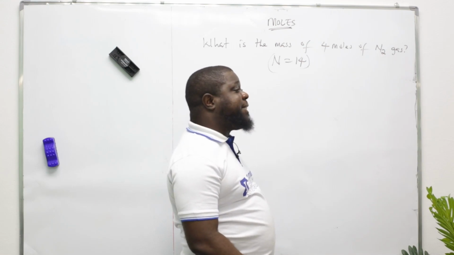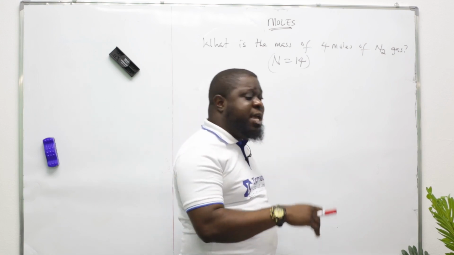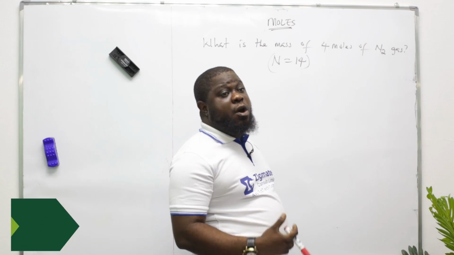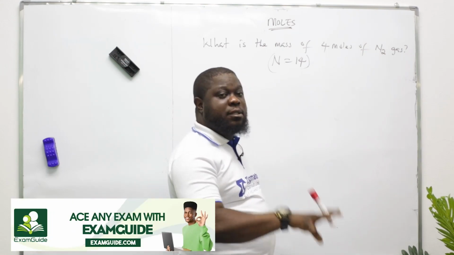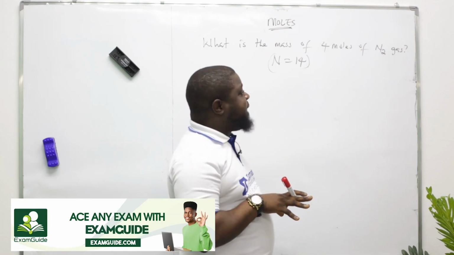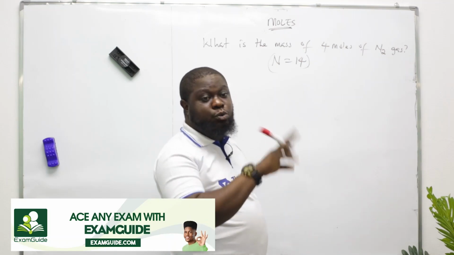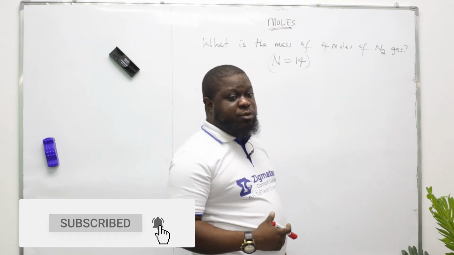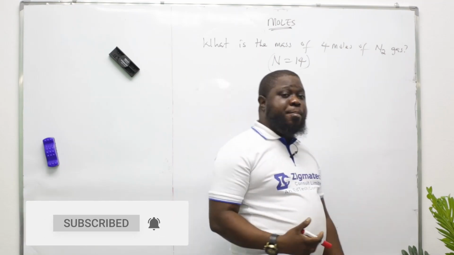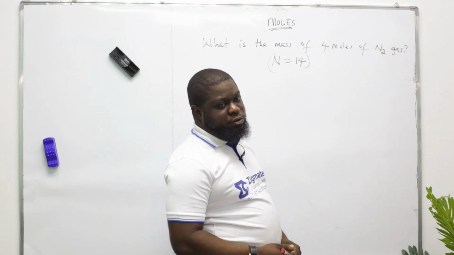The Avogadro's number is the number of particles present in a substance. So the number of particles present in nitrogen gas is 2. If they wrote 3, then 3 is the number of particles. If they gave you 4 as the atomic number, then 4 is the particles.